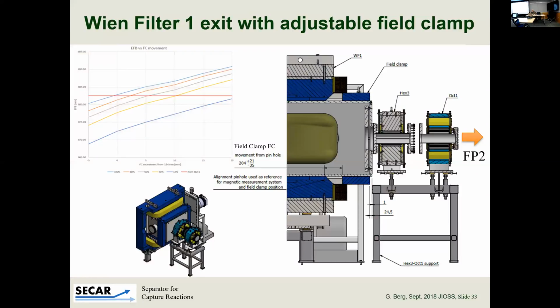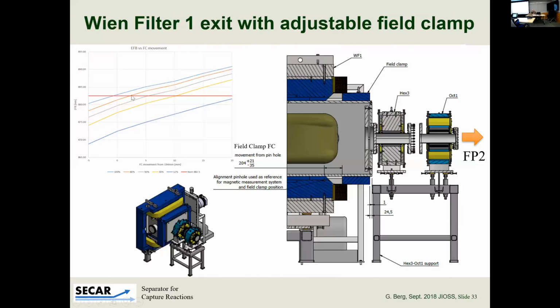Okay, this shows the effect of the field clamp. Of course, to make it even more complicated, the electric field length of the electrode will not change with excitation. It's given by the shape. But for the magnet, of course, as we know, the effective field length changes.